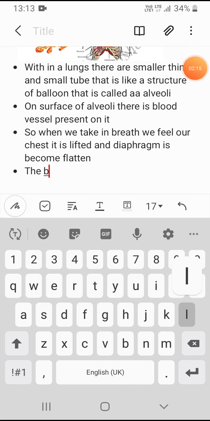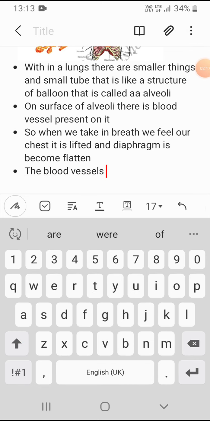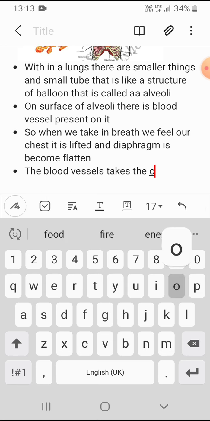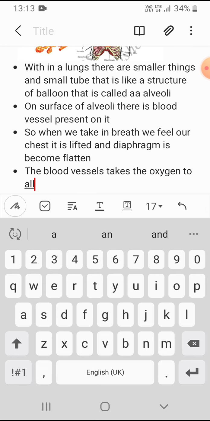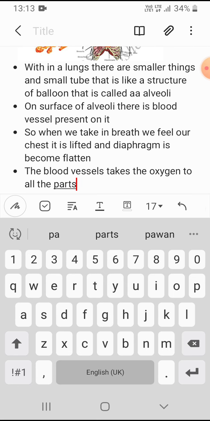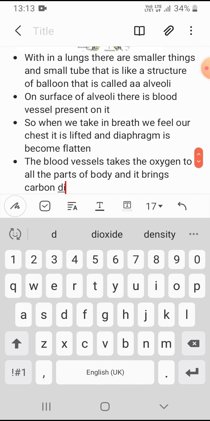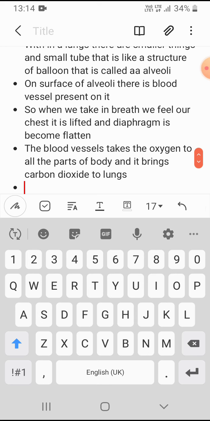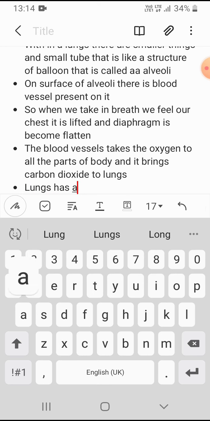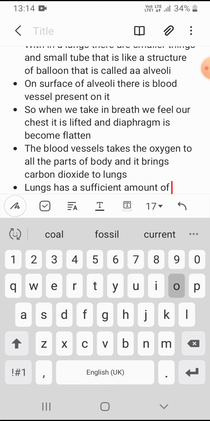The blood vessels present on the alveoli take the oxygen to all the parts of the body, and bring carbon dioxide out to the lungs, and it is thrown out. The lungs have a sufficient amount of oxygen.